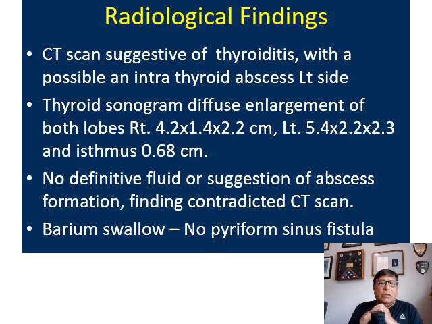Since the questionable lesion or abscess was on the left side by CT, we went ahead and did a barium swallow to rule out any piriform sinus fistula, which was unrevealing.